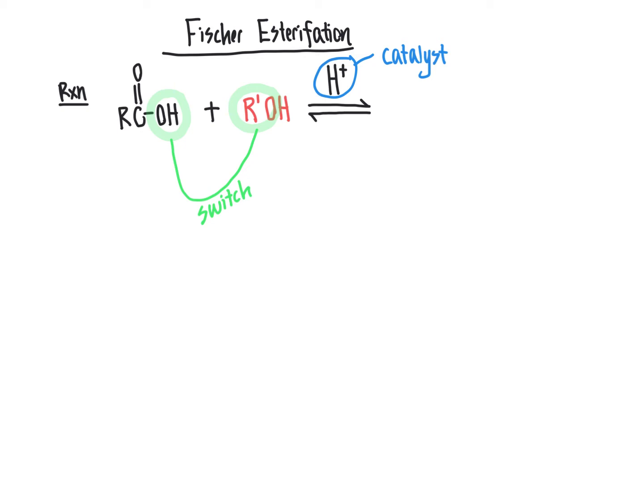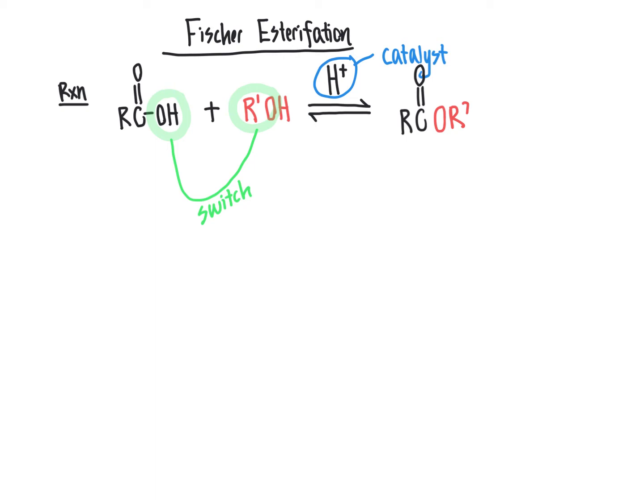And therefore, the product of the reaction will be represented by having our R group of the carboxylic acid still bonded to the carbonyl, as we show it here on the product side. But now instead of having OH bonded there, instead we have OR prime from the alcohol.